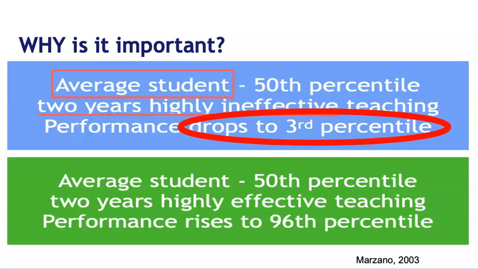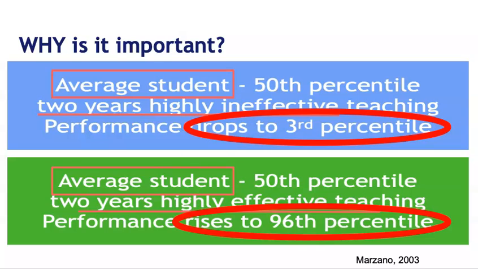We're going to take that same student at the 50th percentile, give them 2 years in a row of highly effective teaching, that same student's performance will rise to the 96th percentile. That's really dramatic, and it really brings home the absolute importance of our profession and why what we do in the classroom on a day-to-day basis makes such a difference.